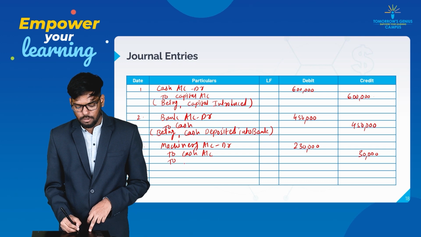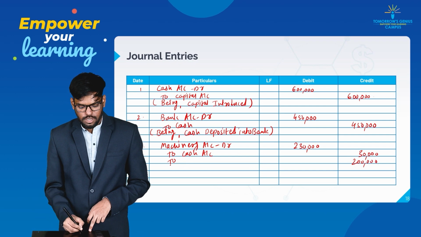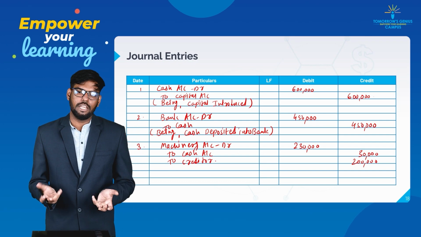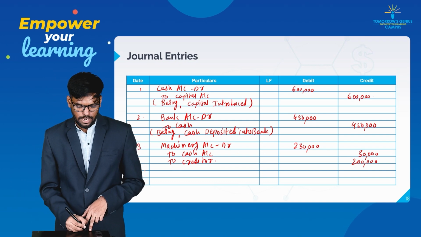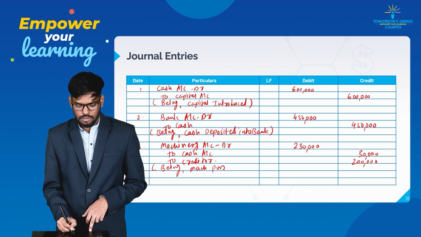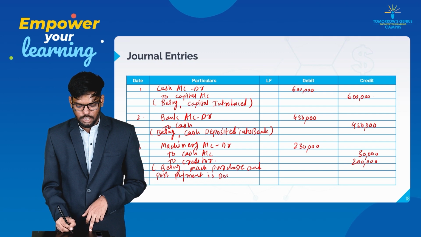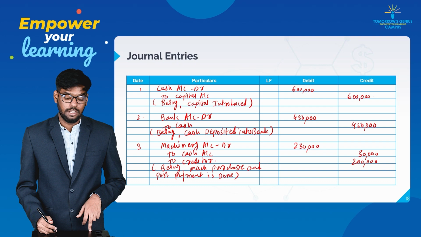The balance amount payable is 2 lakh rupees, and that is nothing but creditor, right? Being machinery purchased and part payment is done, right? Machine purchased and part payment is done.